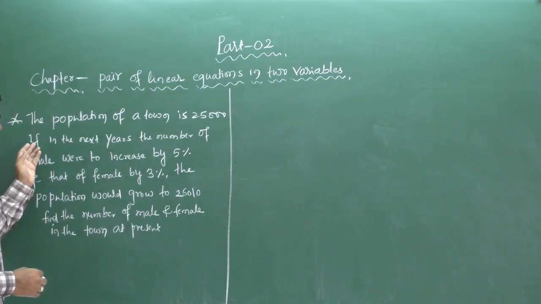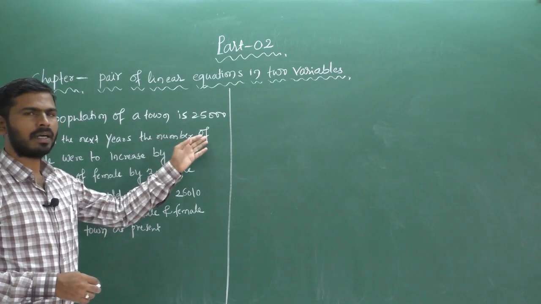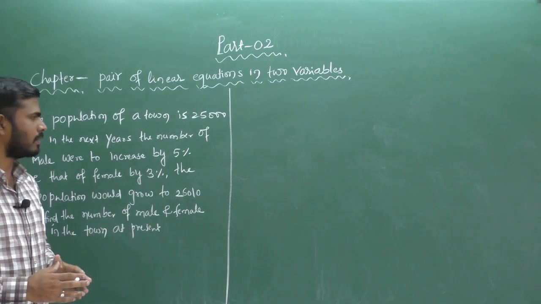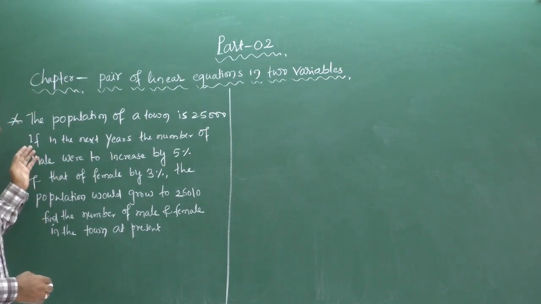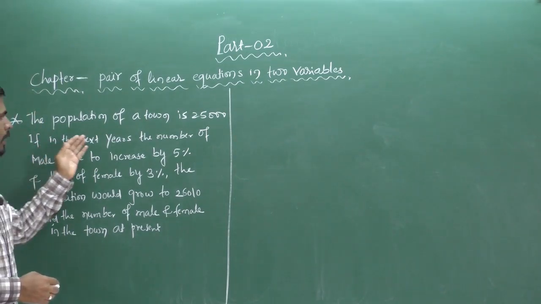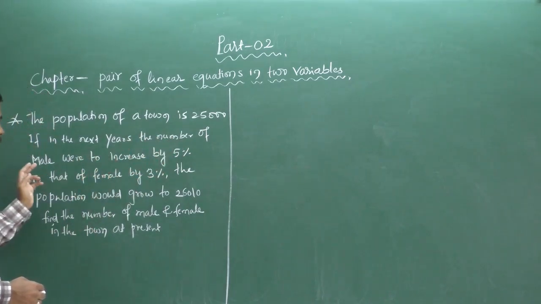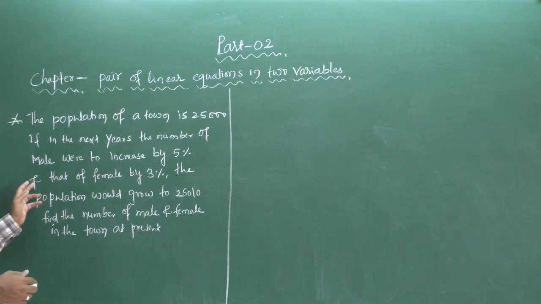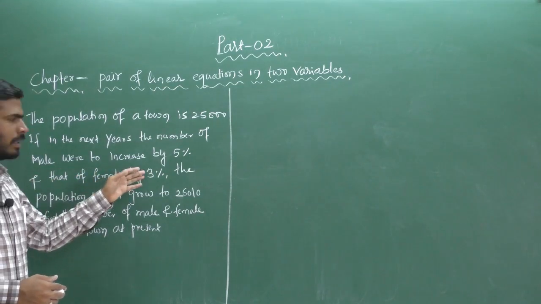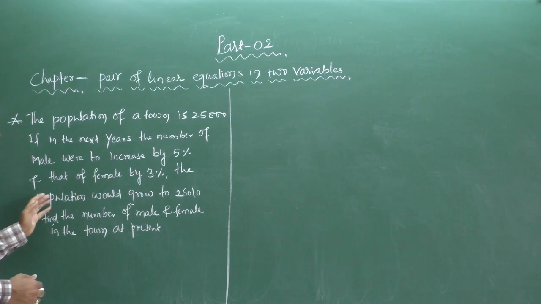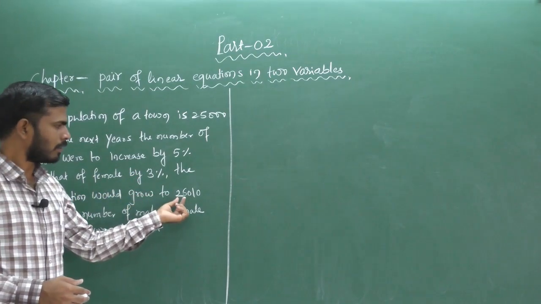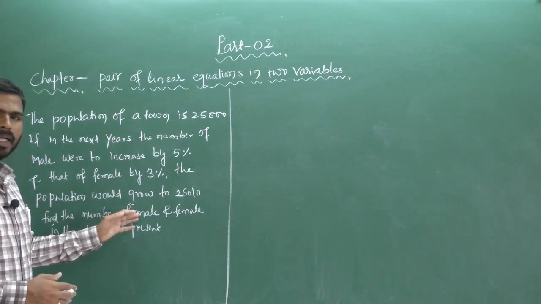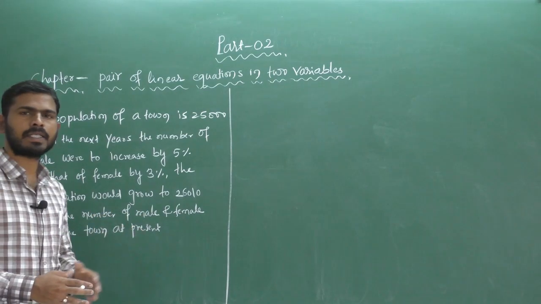If in the next year the number of males were to increase by 5% and that of females by 3%, the population would grow to 26,010. So find the number of males and females in the town at present.